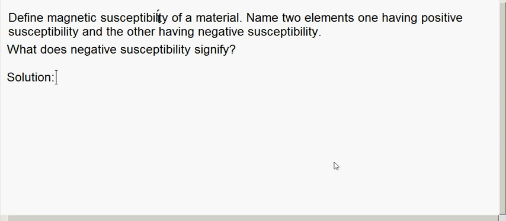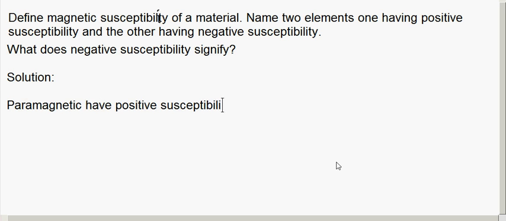And next I'll give you an example each for positive susceptibility and negative susceptibility. Paramagnetics have positive susceptibility. The examples are aluminium or sodium.